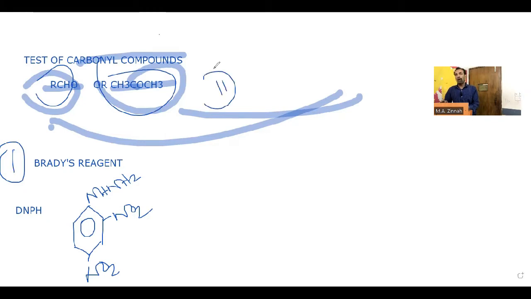What was that? An oxidizing agent. We have a number of oxidizing agents, of which we use two. This is Fehling solution. This should be the name of a person.